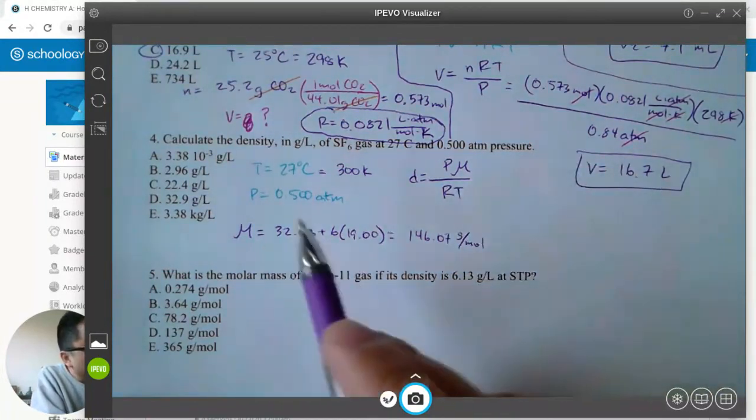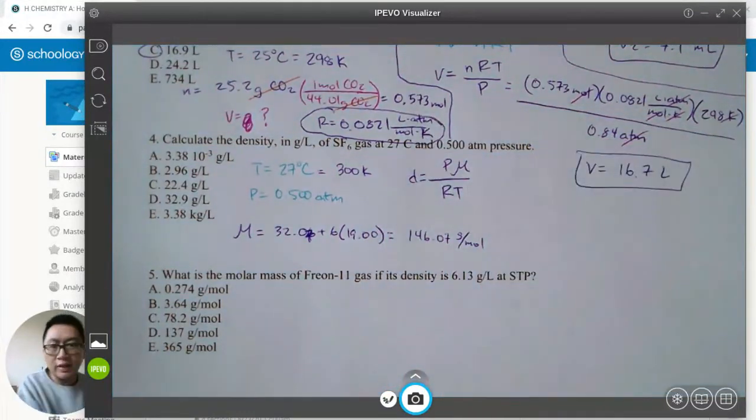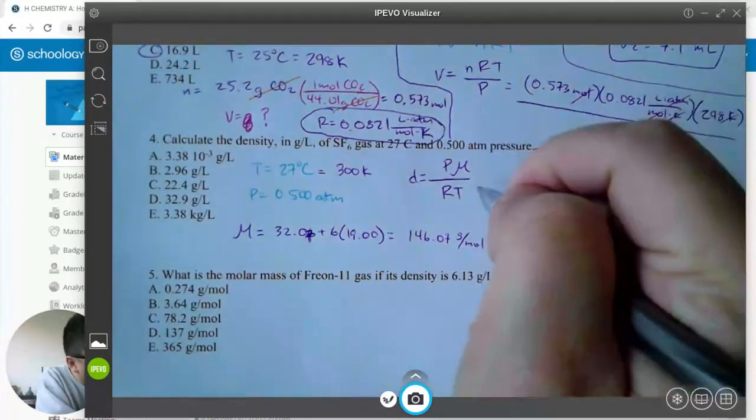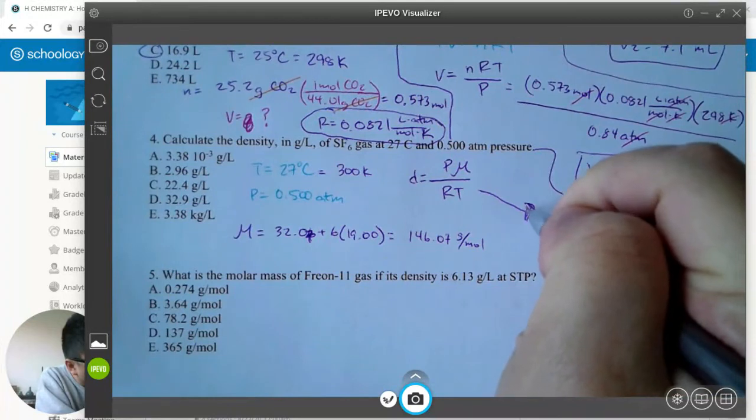Now I know M, I know P, I know T, I know R. Plug into this equation right there. So I'm kind of running out of space. Sorry.